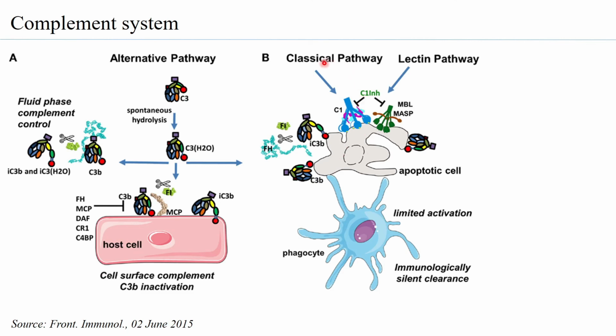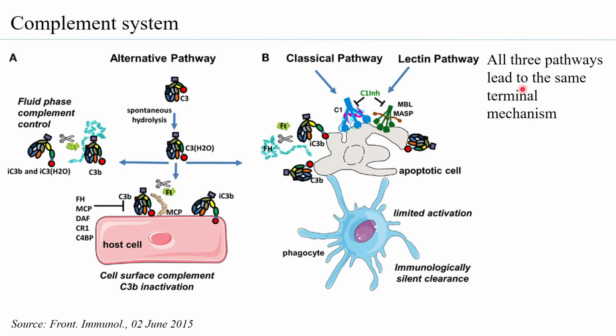Similarly, in the classical pathway you have C1 as the major initiating complement. With the lectin pathway, there are lectins, which can bind to components present on the cell, and thereby you would eventually have the immune cells clearing away the cell that has been bound to by the complement.